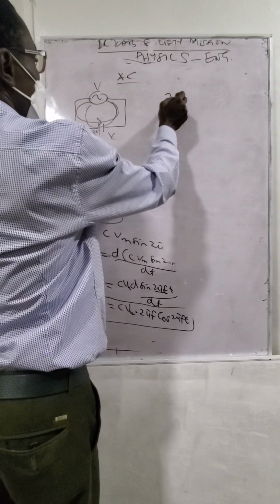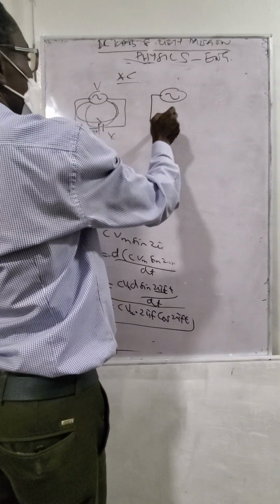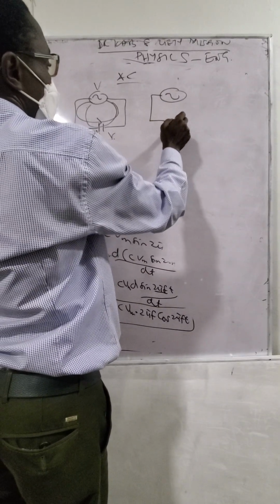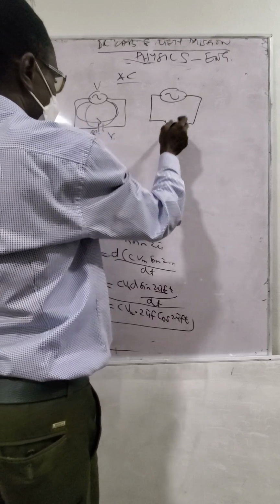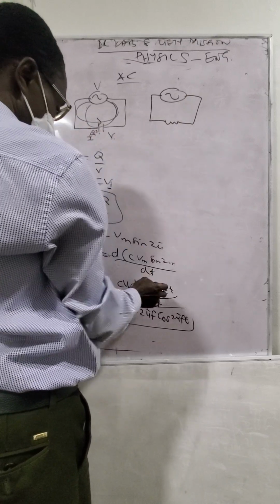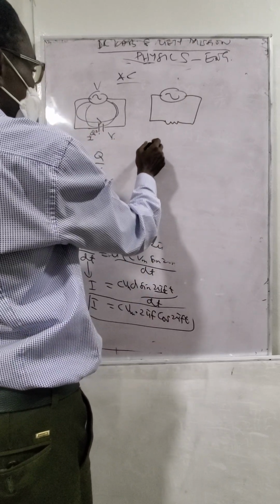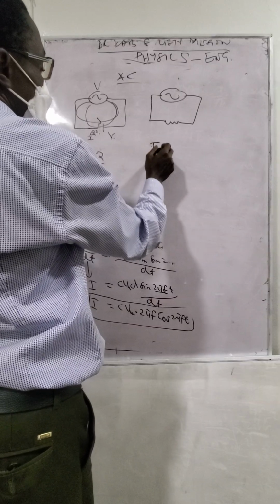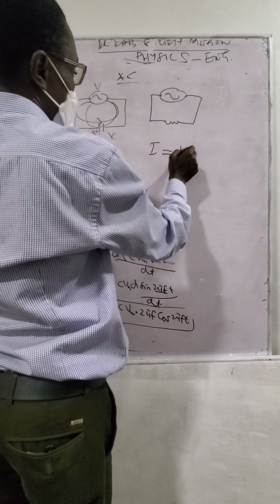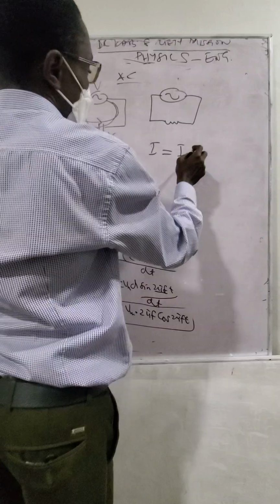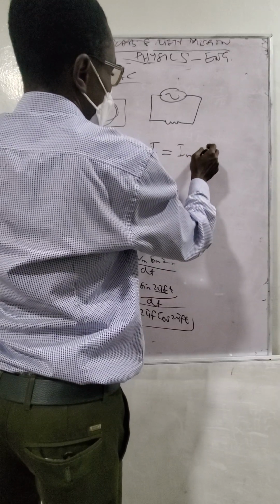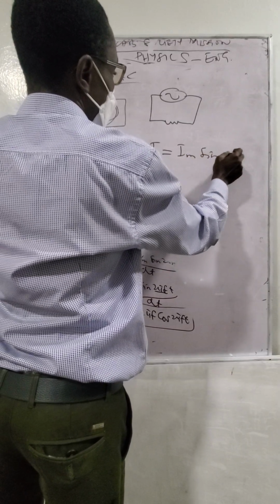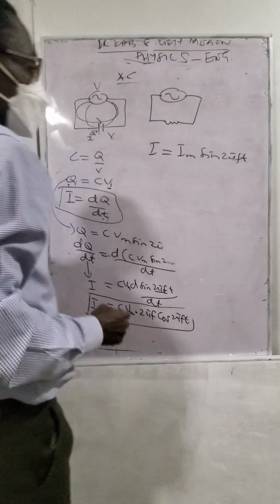So if, let's say this is my inductor, okay, then I'll have the opposite, okay, the opposite is what is going to happen. So in that case, I'm going to have my I, which is going to be Im sine 2 pi ft.